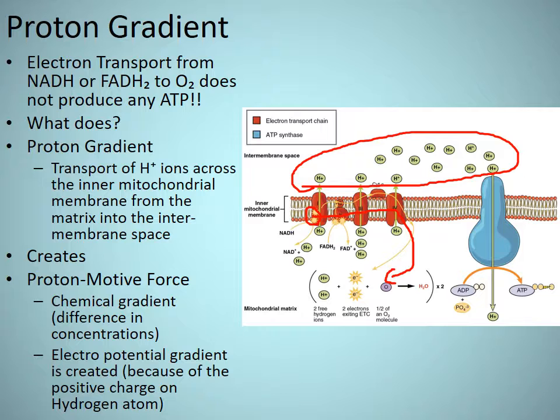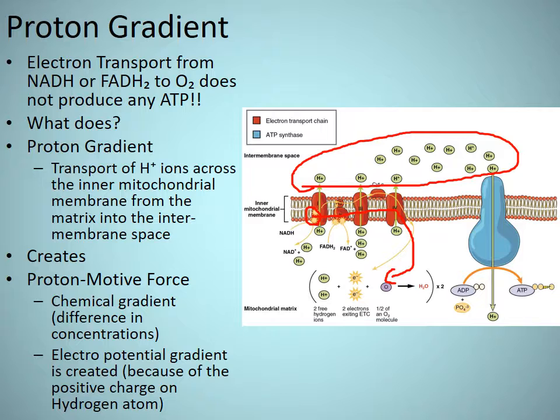The hydrogen ions will create what's known as a proton gradient. This is potential energy, and this is essentially oxidative phosphorylation: the transfer of electrons through complexes and pumping hydrogen ions into the intermembrane space.